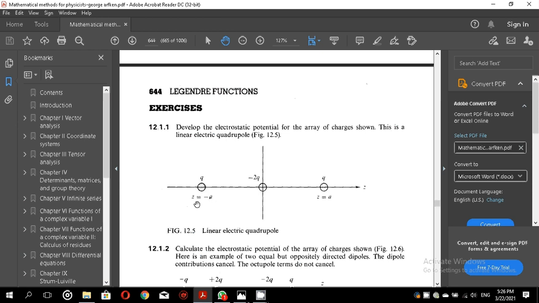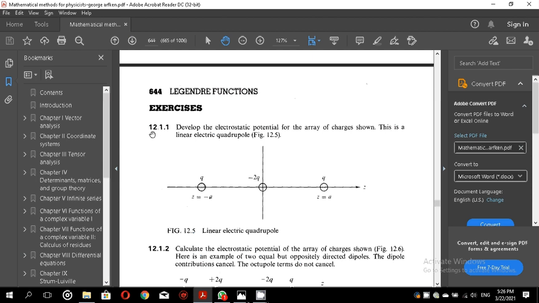Charge plus q placed at z equal to minus a, charge plus q placed at the position z equal to plus a, and a charge minus 2q placed at the origin. So this combination of 4 charges, 1, 2, 3, 4, makes a linear quadrupole, and we can find the electrostatic potential due to a linear quadrupole.